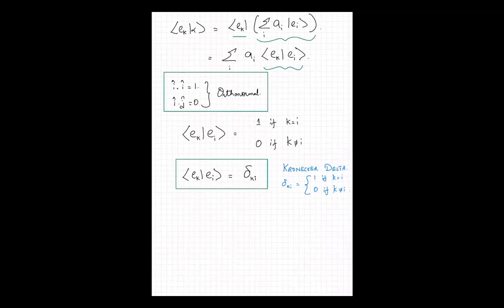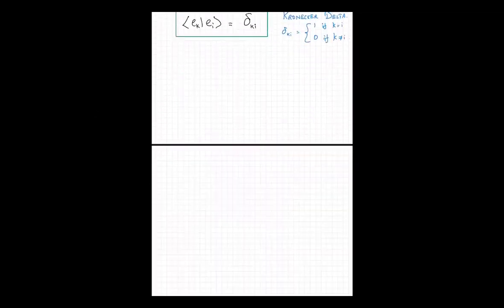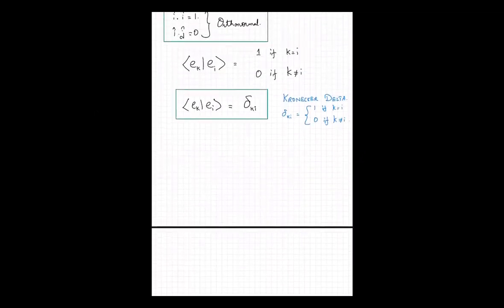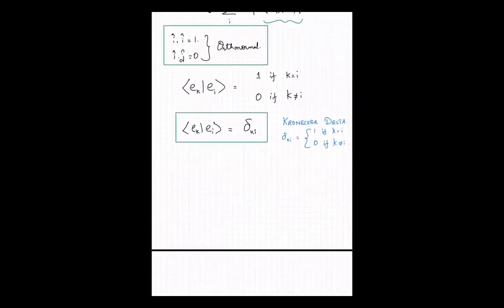A set of orthonormal vectors simply means that i dot i is 1 and i dot j is 0 in the usual Cartesian coordinate system in 3 dimensions. In the new vector space language that you're learning, it means that the inner product of a bra basis vector ek with a ket basis vector ei is equal to delta ki. So it is equal to 1 if we are talking about the same direction, and it is equal to 0 if we are talking about different directions.